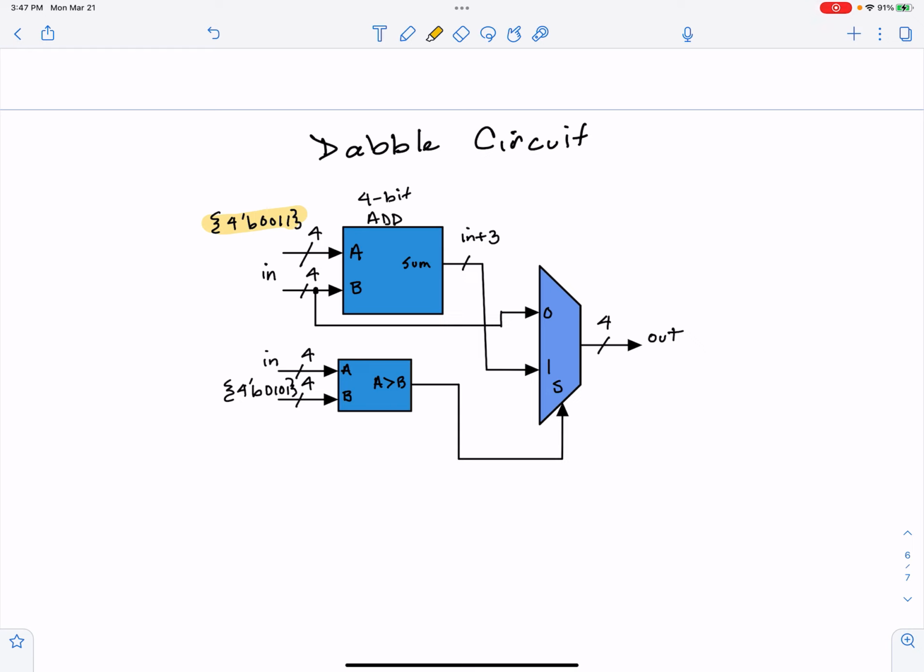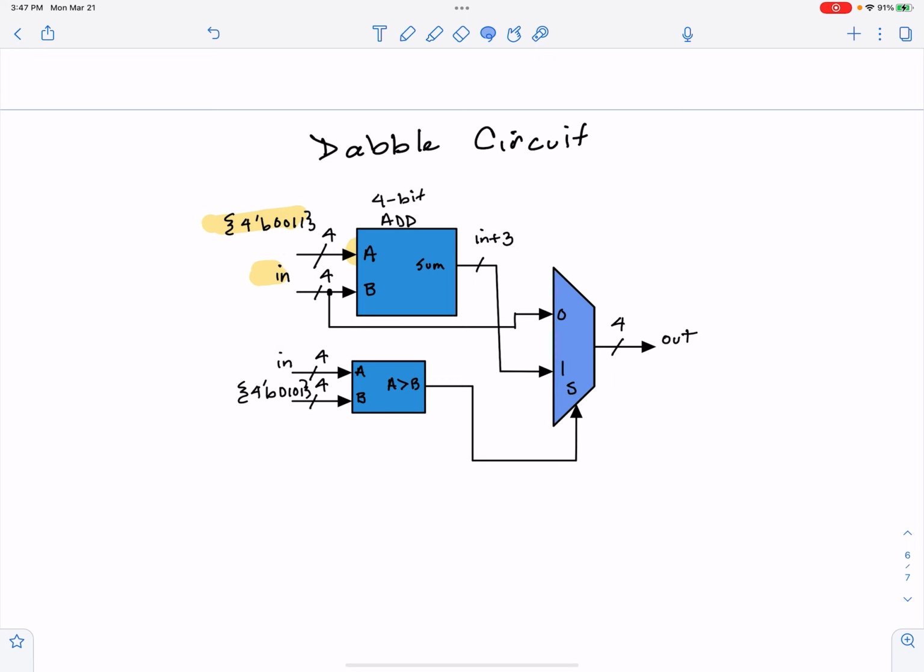Then I have the number that I'm trying to represent, these normal digits 0 through 9. That's N. I'm going to add these together no matter what, and get this quantity that I call N plus 3. This will work for things in the range of 0 through 9.